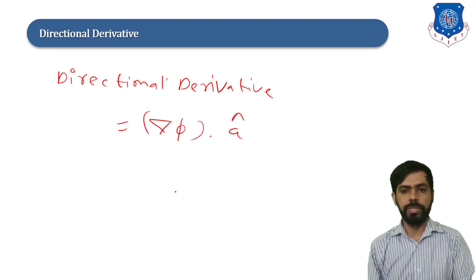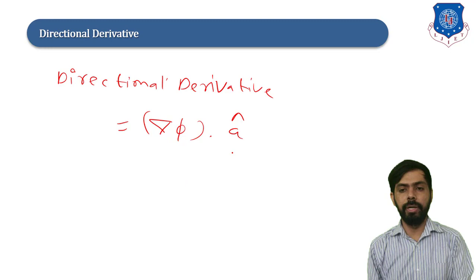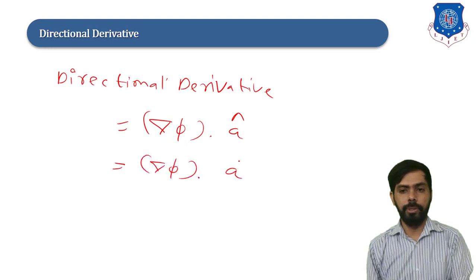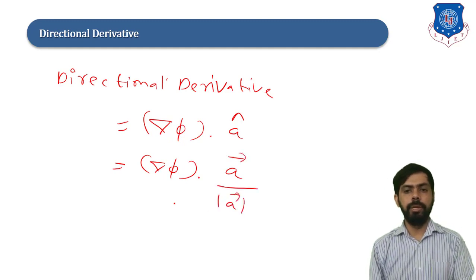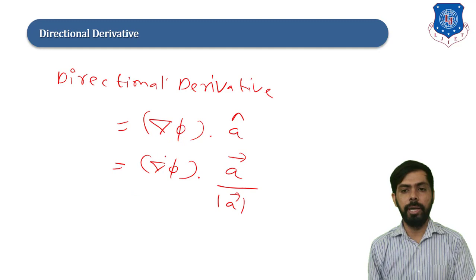So we can say that the directional derivative is the dot product of gradient phi and the unit vector in the given direction. Here a cap represents the unit vector in the given direction. So it will be grad phi dot a cap, where a cap is the vector divided by its magnitude.